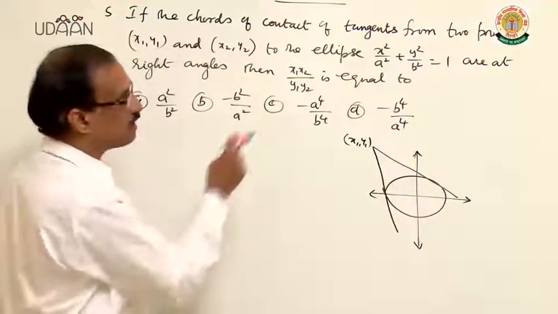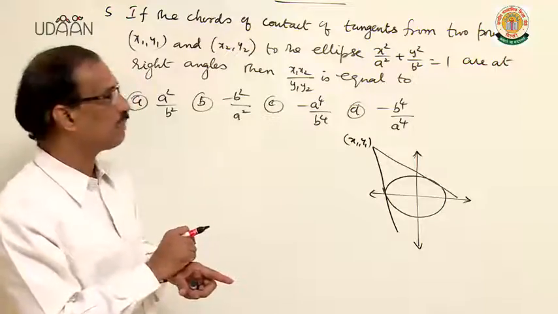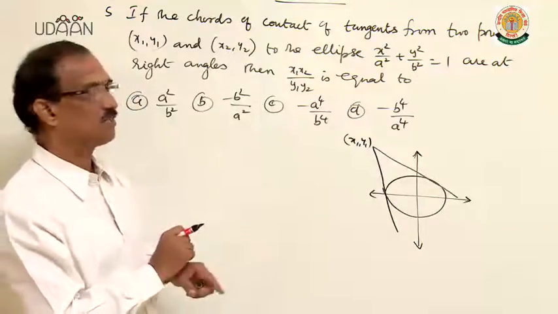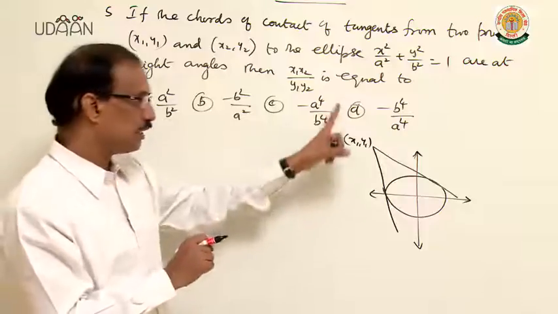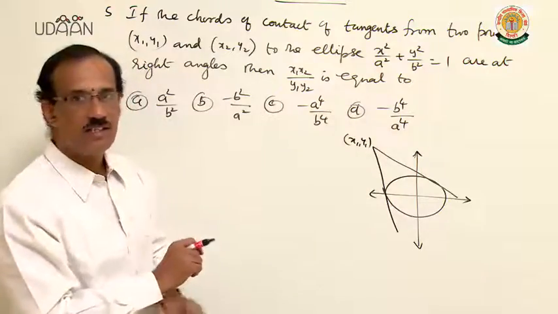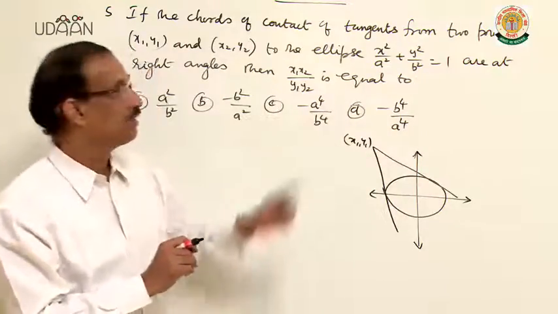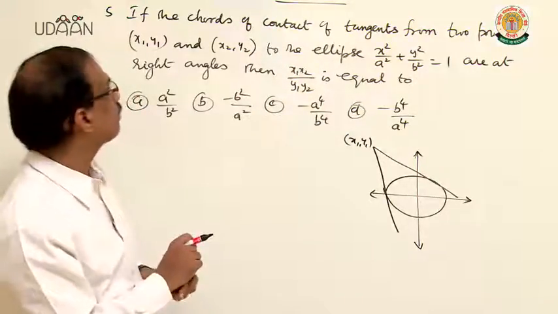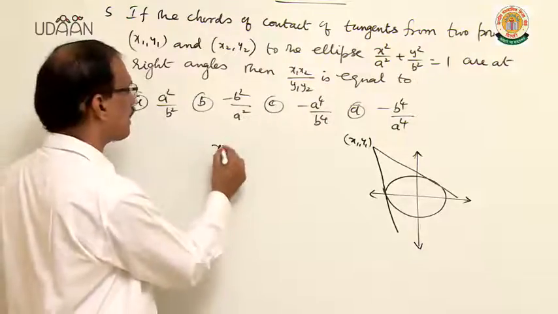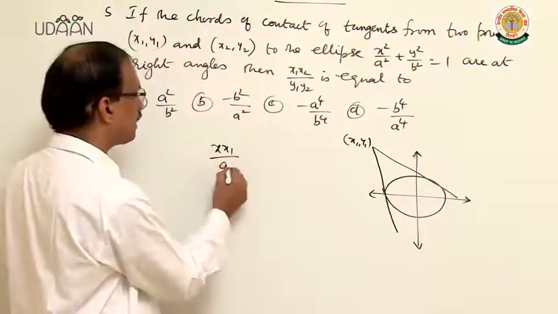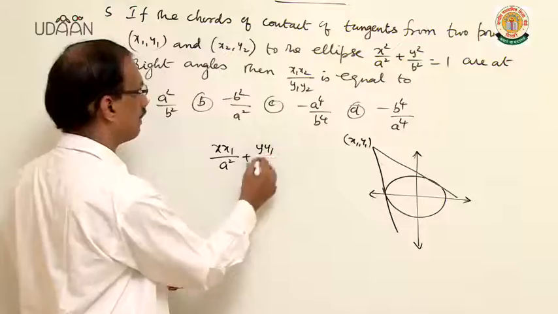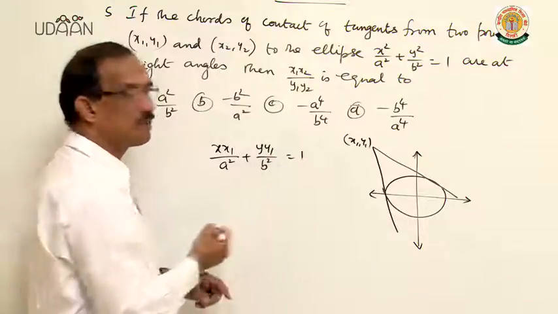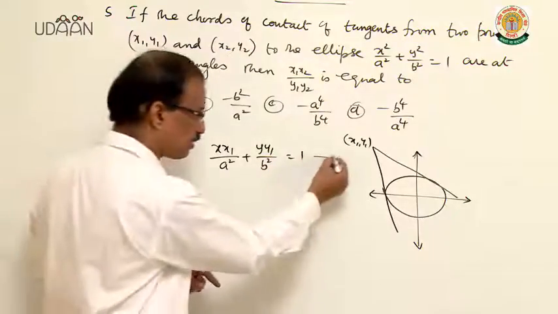So here the equation of the ellipse is x square by a square plus y square by b square equal to 1. If you draw the tangents from this point, the equation of the chord of contact of the tangents from the 2 points is x1 by a square plus y1 by b square equal to 1. This is one equation.